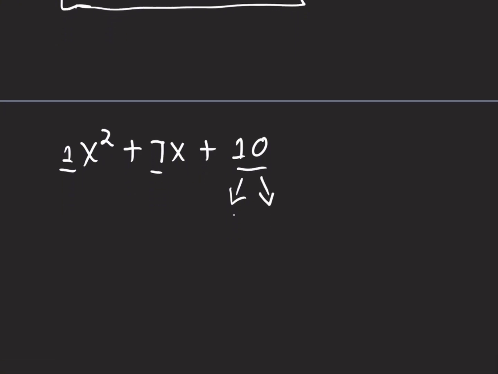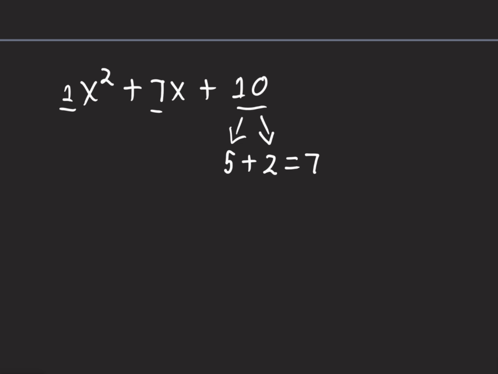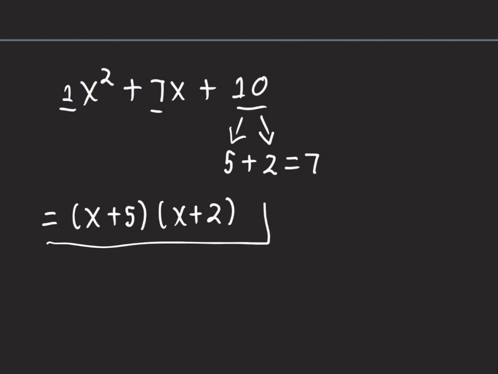Well, how about 5 and 2? And if I add 5 and 2, I'm going to get 7. Okay, so same thing again. We're going to write out our final answer as bracket x plus that first number, which is 5, and then bracket x plus that second number, which is 2. And that's our answer to our second question there.